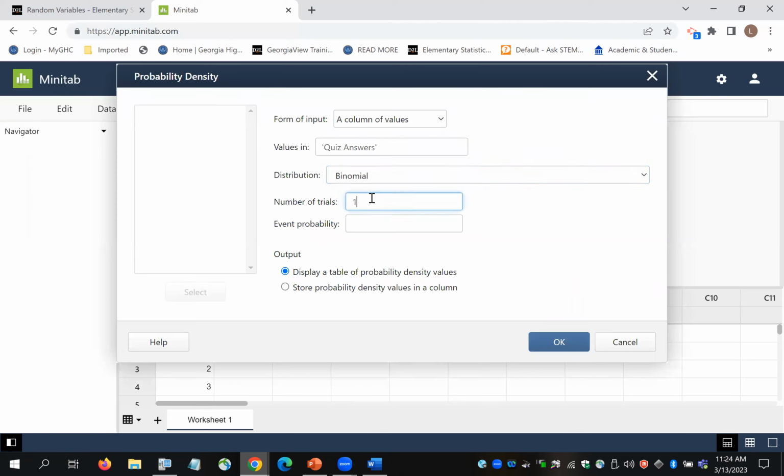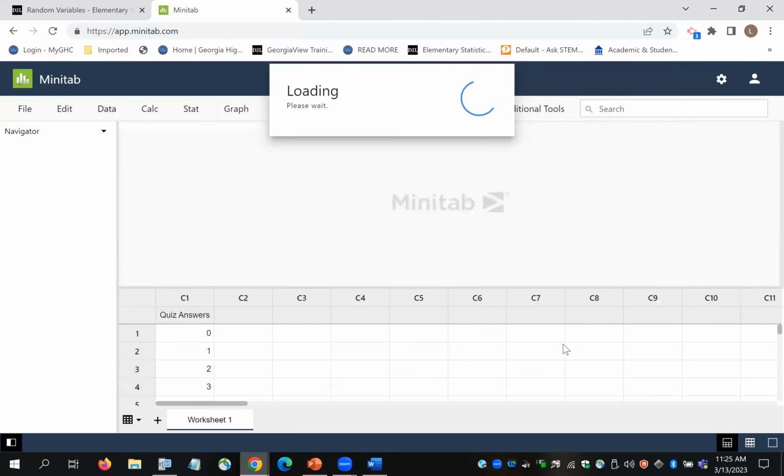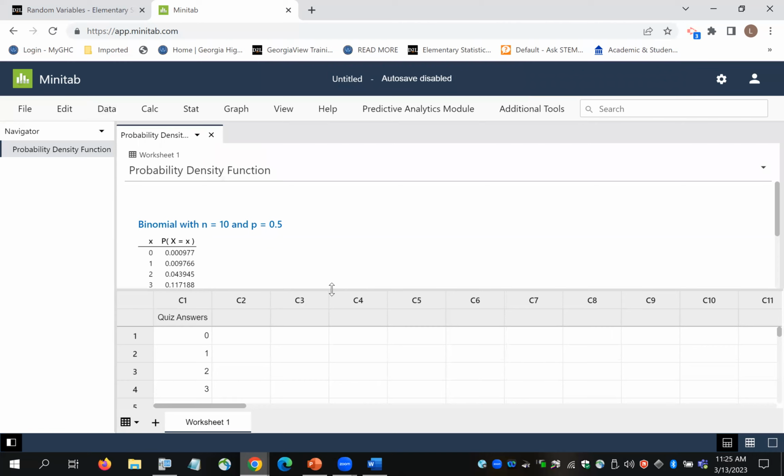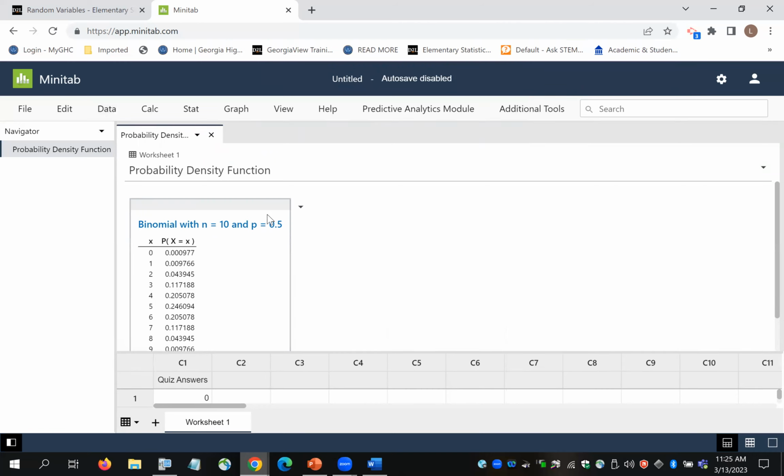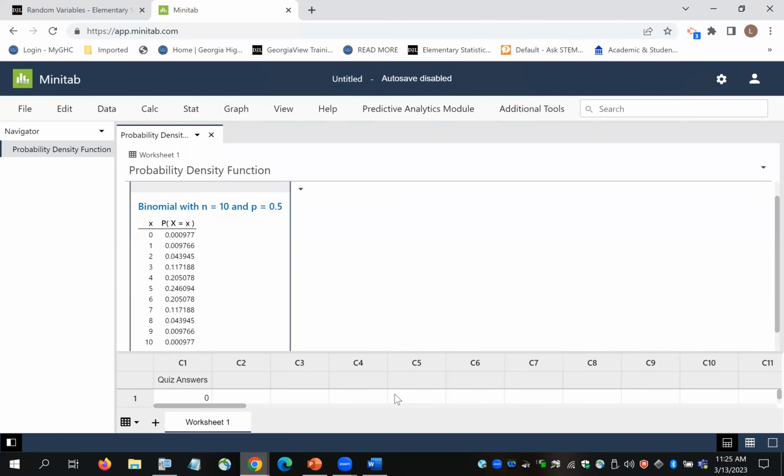We have 10 questions, and there's a 50% chance she's going to get it correct or choose true or false. And my table appears in the top half of the screen. I'm going to copy it over to my paper so we can talk about it.